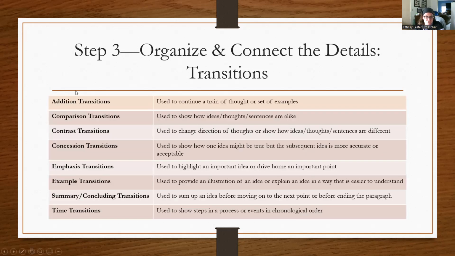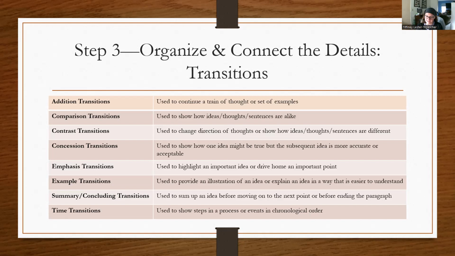We've got addition transitions. These are used to continue a train of thought or continue a set of examples you're adding on. Comparison transitions. These are used to show how your ideas, your thoughts, your sentences are alike, how they are similar.